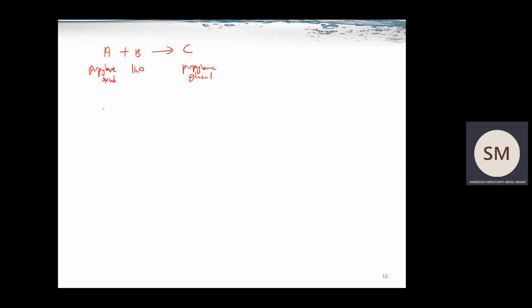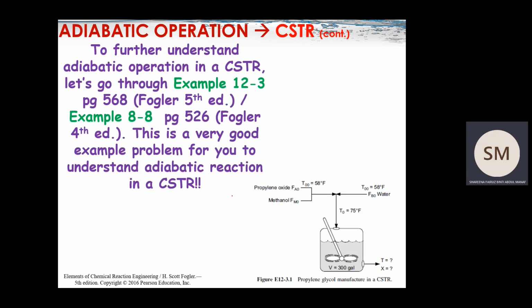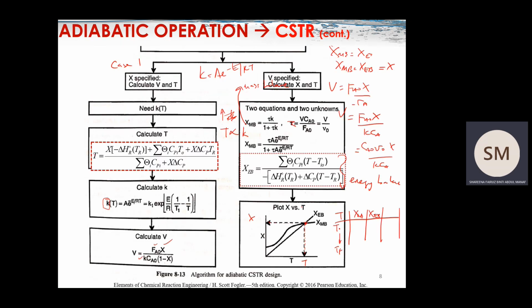Okay, so initially K is equal to A e to the power negative E over RT. Okay, so how do you use this information? Okay, so now, okay, from the previous one, B is provided. Okay, means that this is case number 2. Okay, so this will be the case.